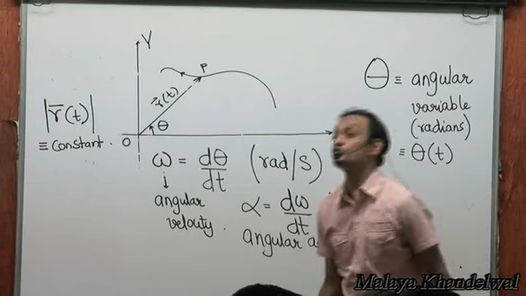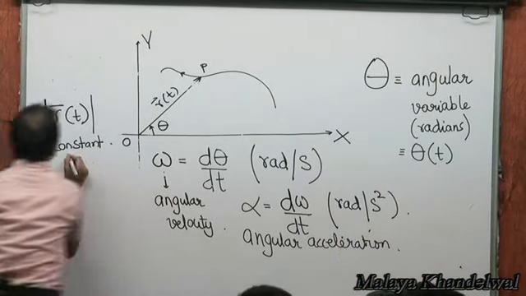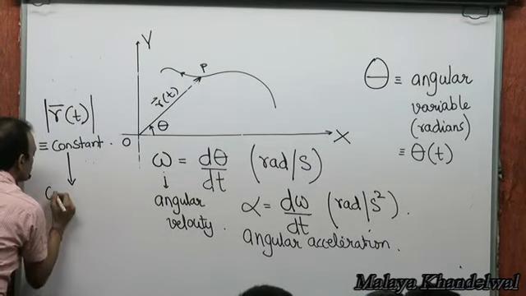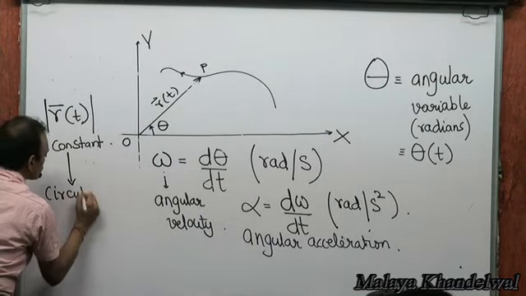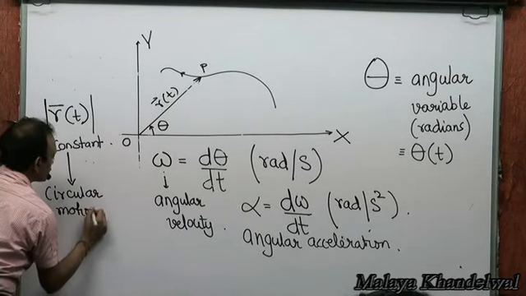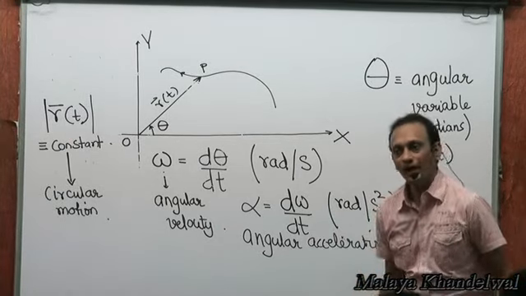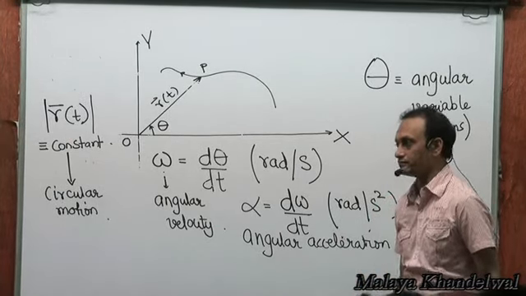Then the motion executed by P is going to be circular, right? This is the criteria for circular motion. You know what I'm saying? This is circular motion then.